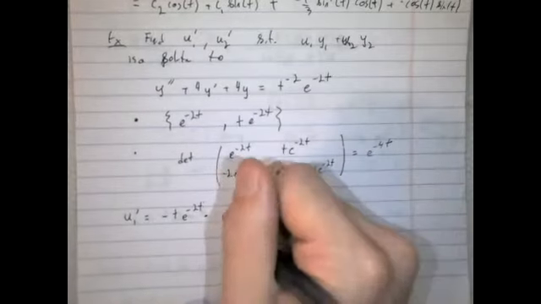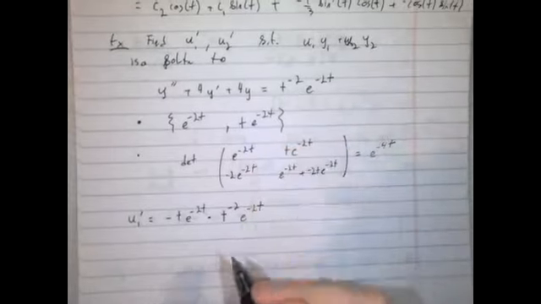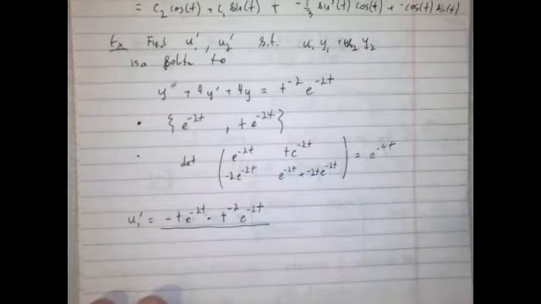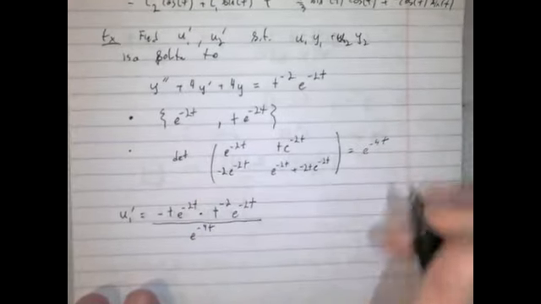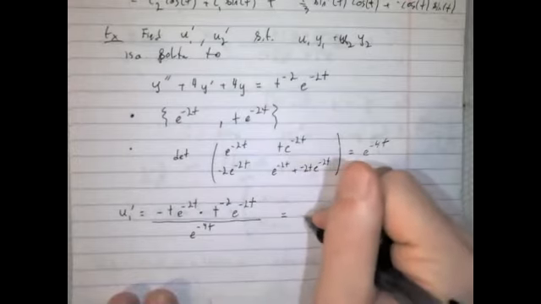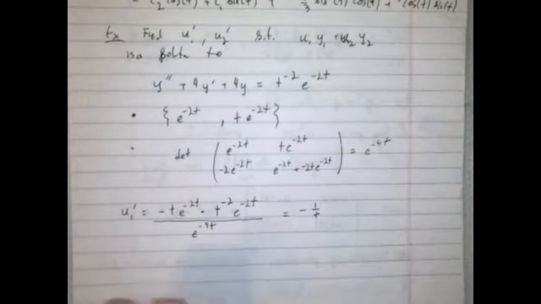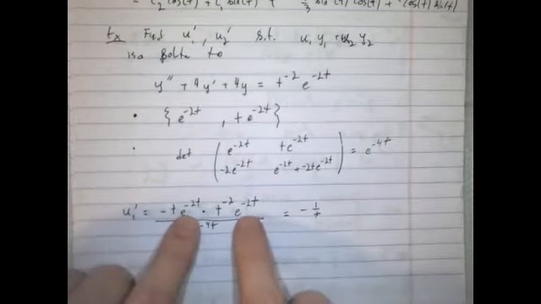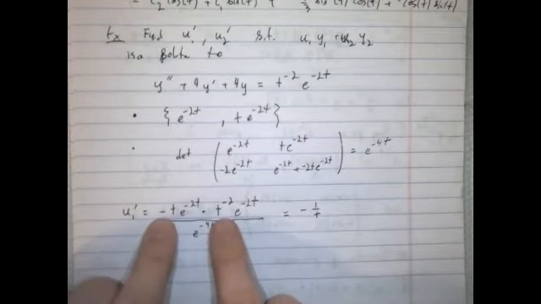T to the negative 2 times e to the negative 2t, all over the Wronskian, which is e to the negative 4t. And what we produce here, by some miracle, is negative 1 over t. The e to the negative 2t and the e to the negative 2t on top will cancel with the e to the negative 4t on the bottom. I'll be left with negative t times t to the negative 2.